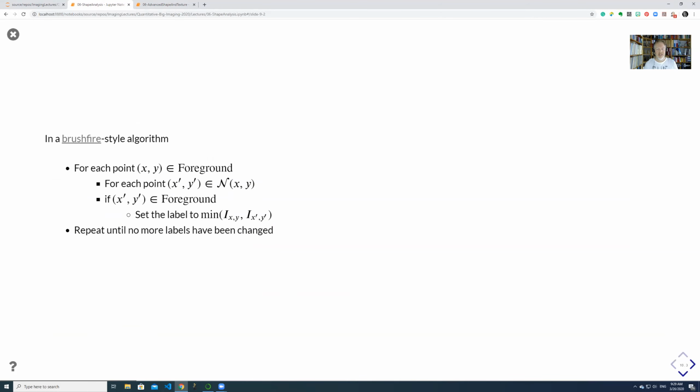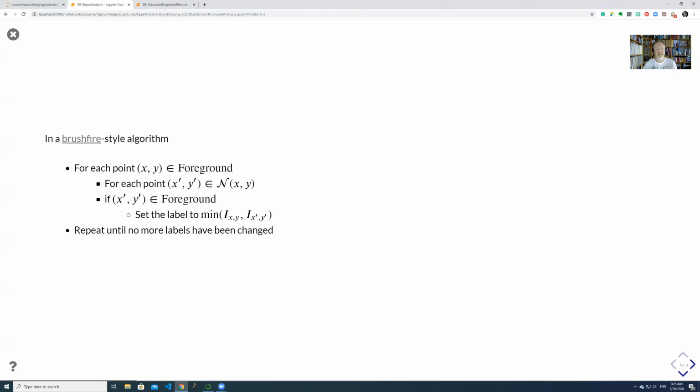And then we can do an iterative approach where we go through the image a couple of times, checking every pixel that belongs to the neighborhood of a labeled pixel, and its pixel gets the minimum label, except the background, of course, the minimum label of its neighborhood.